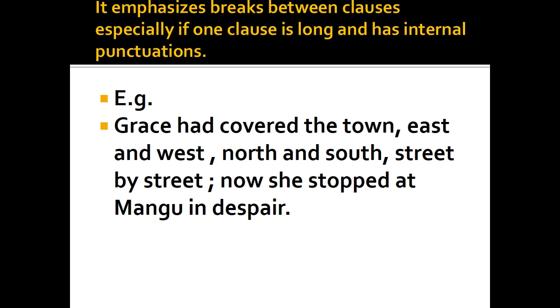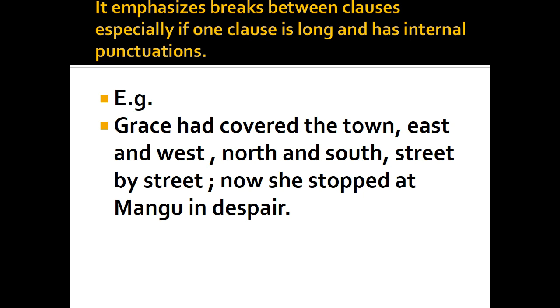Look at this: Grace had covered the town, east and west, north and south, street by street; now she stopped at Mango in despair. When you look at this long sentence, you will discover that it has two clauses. The first clause is longer than the second one, so we use the semicolon to join them together.